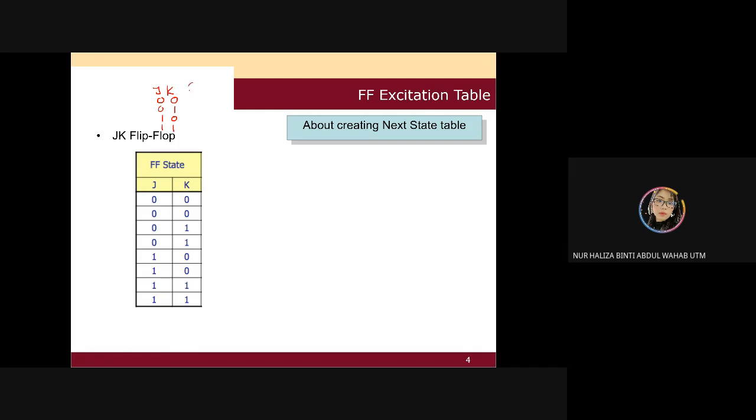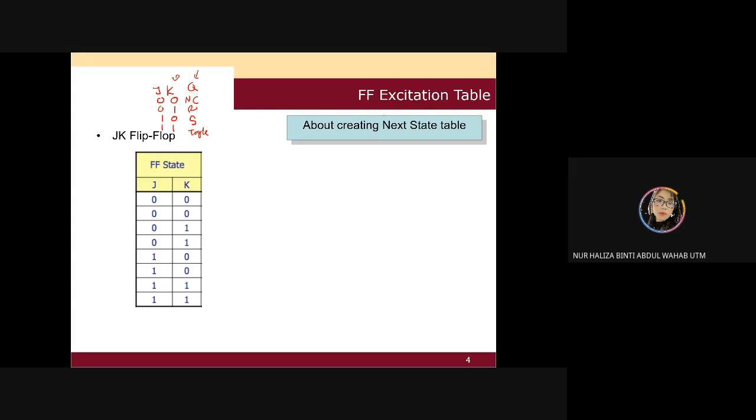What is your output? Your Q. Last time we called it the output Q, referring to your previous Q, right? So we have here no change. This one is reset. This one is set. And lastly, this is your toggle, isn't it? So you need to remember this first.